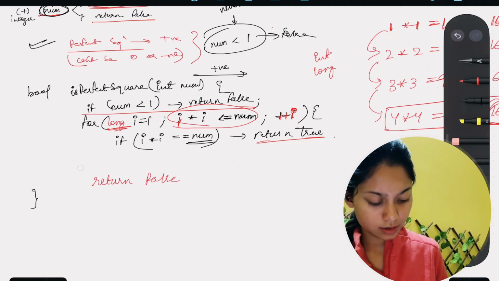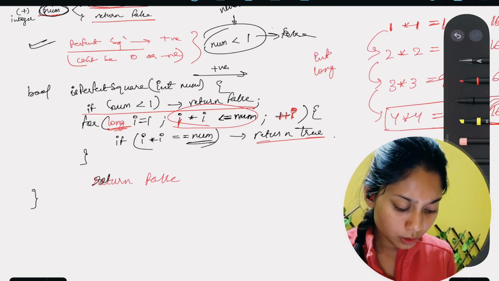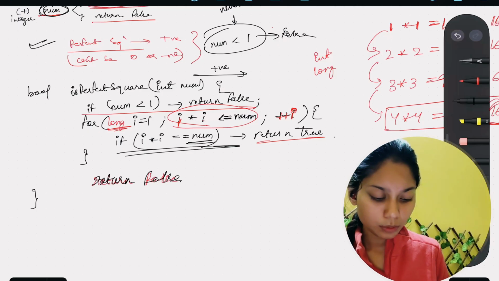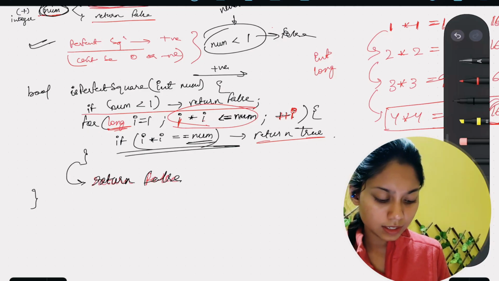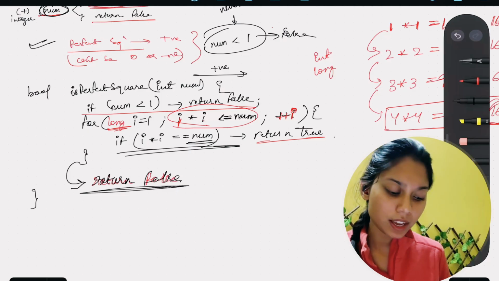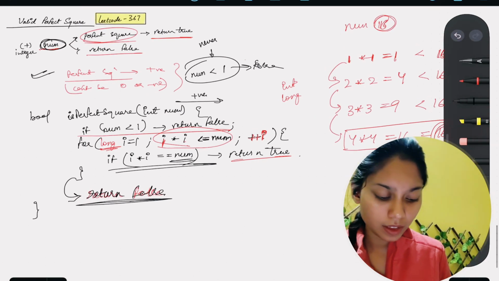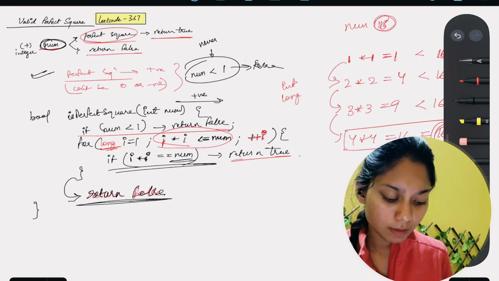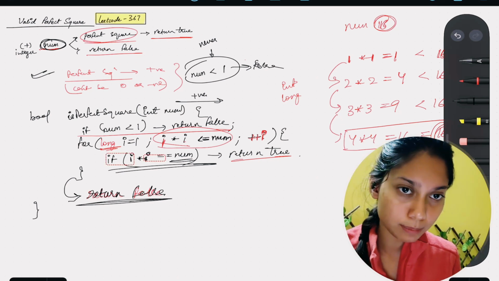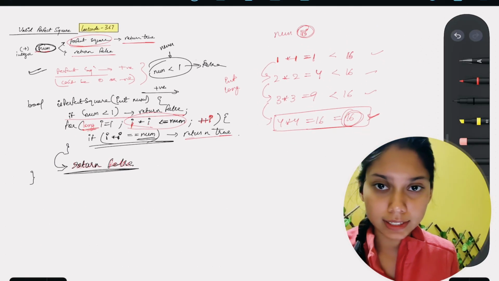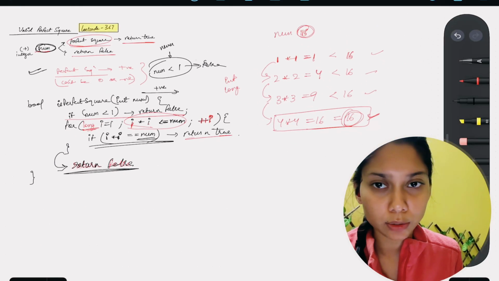Over here, we return false because if we do not find any number, we automatically come to this statement and it will be executed, and our function will return false if there is no number i that can eventually lead to num on multiplying by itself. So yeah, this was the whole concept. Now let's formulate this on the Leetcode platform.